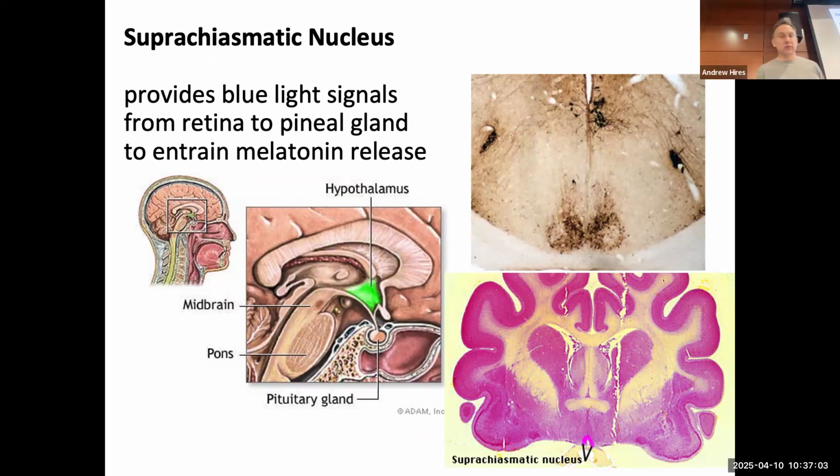The retina has a couple of different sensors for light: red light photodetectors, green light photodetectors, and blue light photodetectors, all merged together to create color vision. But there is also a collateral output of the blue light photoreceptors specifically that goes to the suprachiasmatic nucleus and provides feedback as to the overall level of light during the day.